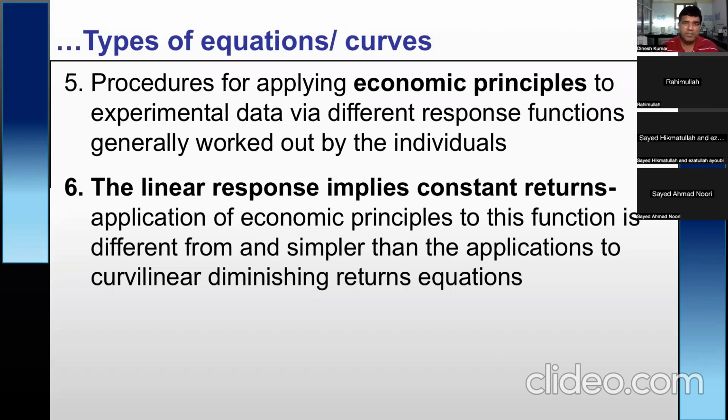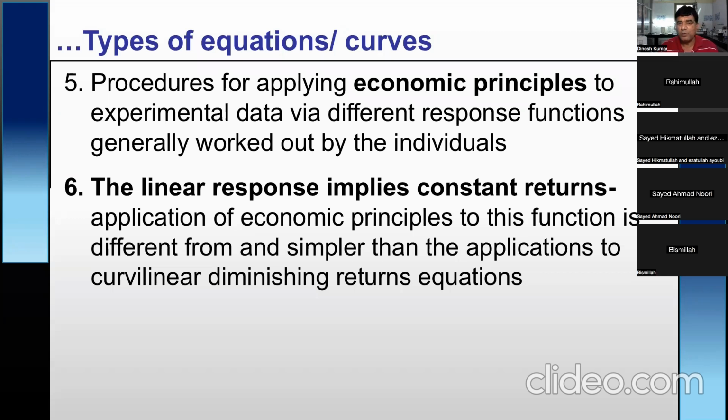The message is that once you have generated or fitted the equation, you can apply economic principles to generate a result on economic return. You want to know the best level of the independent variable where you will get maximum returns. Such economic interpretations can be made from these equations.